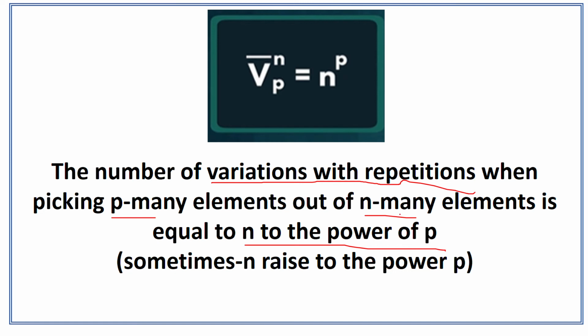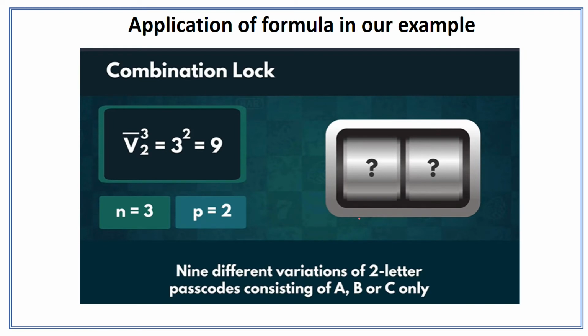In our case, n is 3 because we have A, B and C available, and p is 2 because there are only two slots to fill. According to the formula, n raised to the power p, 3 squared is equal to 9. So there are 9 different variations of a two-letter passcode consisting of A, B or C only.